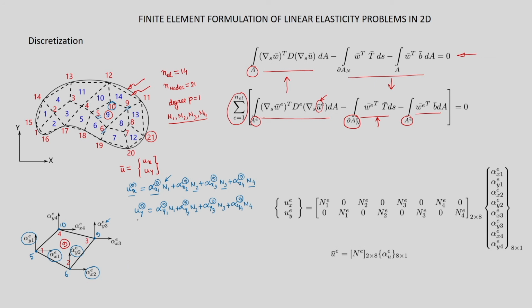Alright. So, that is how we will represent ux and uy using the same set of shape functions, that is n1, n2, n3 and n4, that corresponds to the element E or element 9.